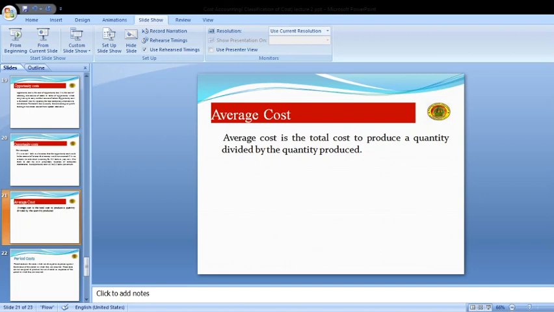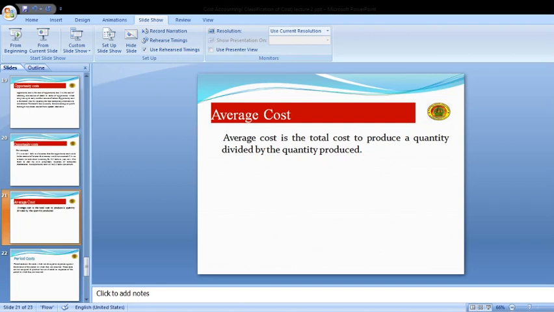Now the next one is marginal cost. This is the cost of making one extra unit. Later we are going to study marginal costing, where this will be very much useful. So for 100 units, if the cost is 1000 rupees, and you make 101 units and the cost is 1005, then for 1 unit the extra cost is 5 rupees.